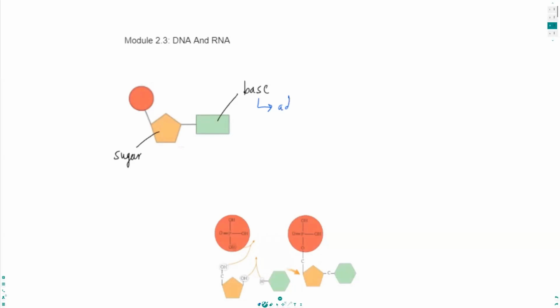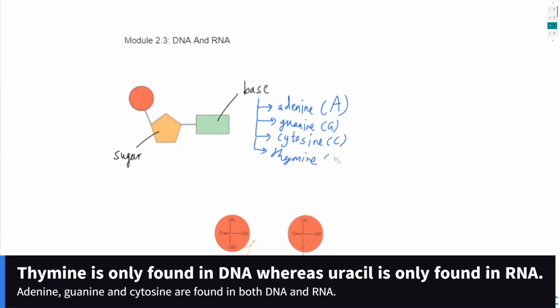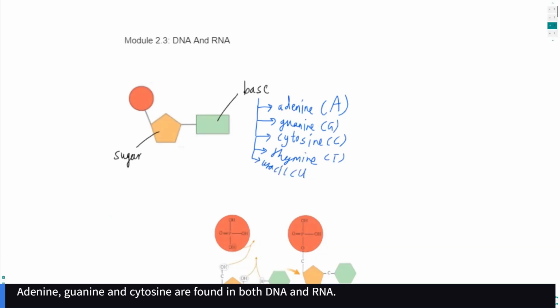Adenine, which is represented by an A. Guanine, which is represented by a G. Cytosine, which is represented by a C. Thymine, which is represented by a T. And uracil, which is represented by a U.